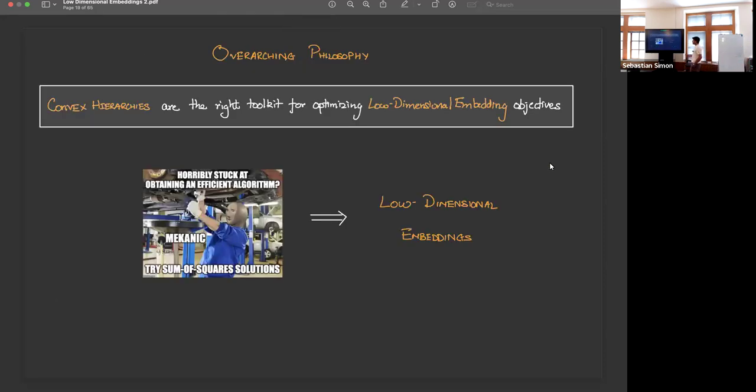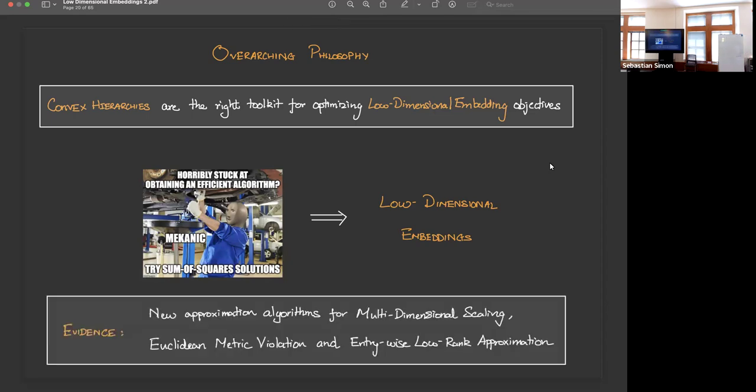So what is the overarching philosophy of this work that I want to convey? In one line, the philosophy would be: convex hierarchies are the right toolkit for optimizing lower dimensional embedding types. And if you don't like one line, here is the philosophy in mean: you take this toolkit and apply it to lower dimensional embeddings. Okay, so this is a fairly bold claim. What evidence do I have to justify it? The evidence is the following.